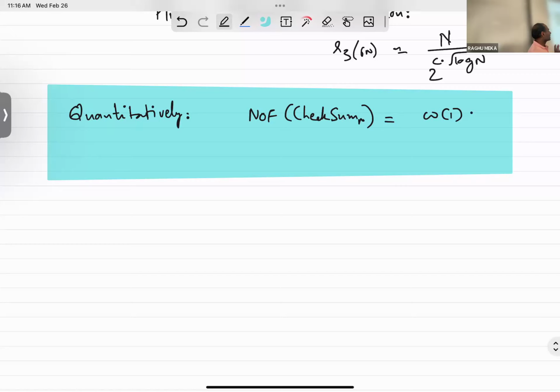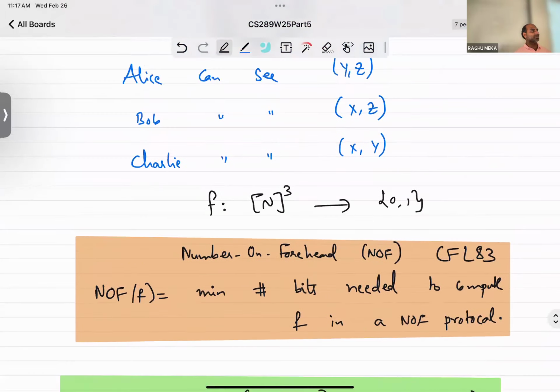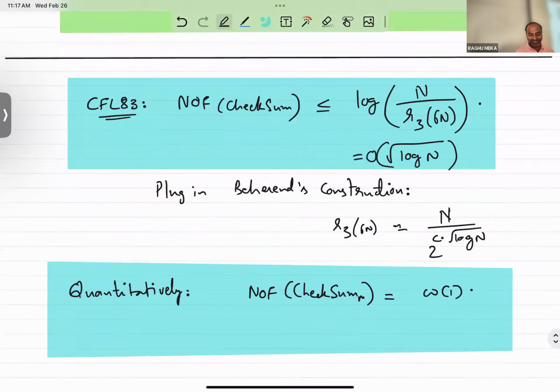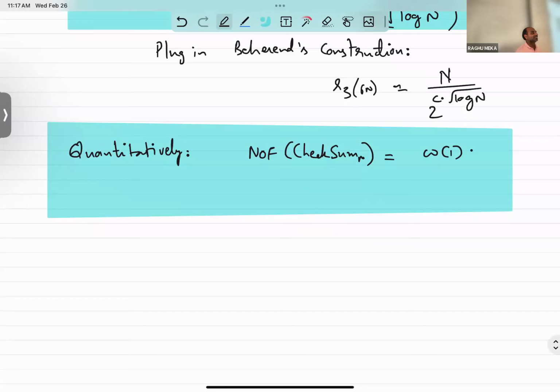So showing the complexity grows with n requires some deep math. And a priori, it sounds like a very simple question. Check if x plus y plus z equals n. That's kind of the surprising part.